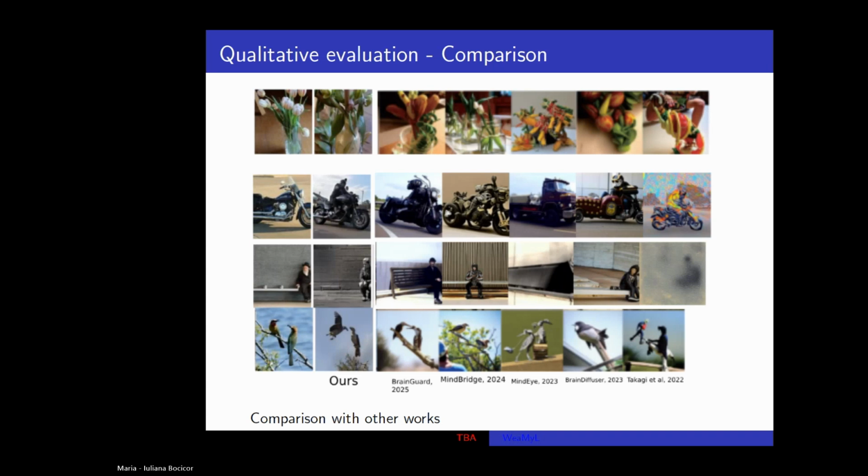Then you can see the motorcycle is pretty accurately reconstructed, and also the man sitting on the bench, and the birds, yeah, they seem to look okay. And next slide, please.